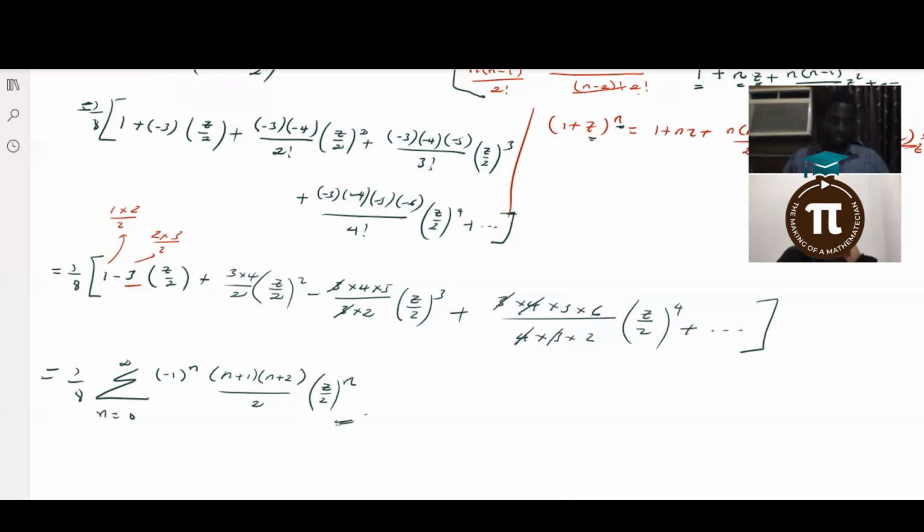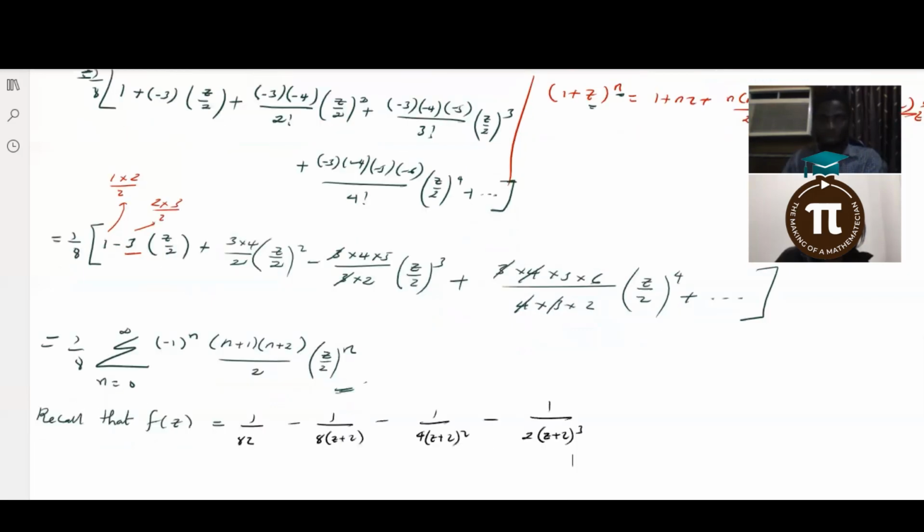Now that we have written all this, recall that f(z) that we have written in partial fractions is equal to 1/(8z) minus 1/(8(z + 2)) minus 1/(4(z + 2)^2) minus 1/(2(z + 2)^3). Do you understand that?